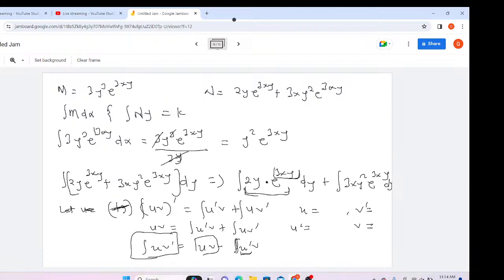So what you take as your u, you differentiate. What you take as your v prime, you integrate to get your v. That's the approach I'm going to use, because when I differentiate y, I get 1. This is not a factor of this, which means I can't use the substitution approach to solve this integral.